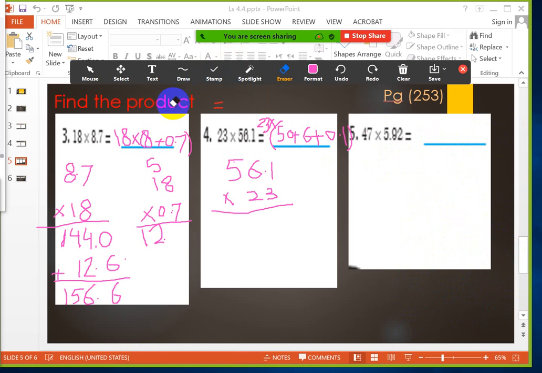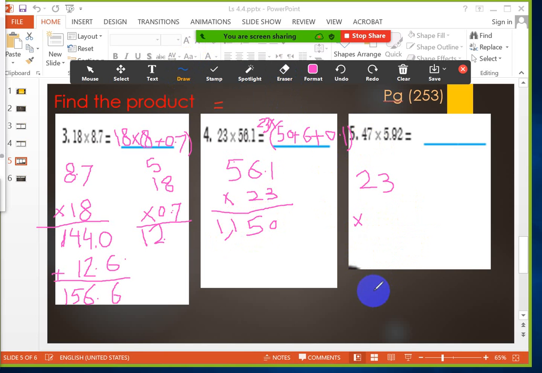To multiply 23 with 50, that means I will multiply it with 5, then put 0 next to the answer. 5 multiplied 3 equals 15, so I will put 5 here and 1 above the tens. 5 multiply 2 equals 10 plus 1 equals 11, and put 0 next to the answer, so it will be 1,150. This is the first answer.